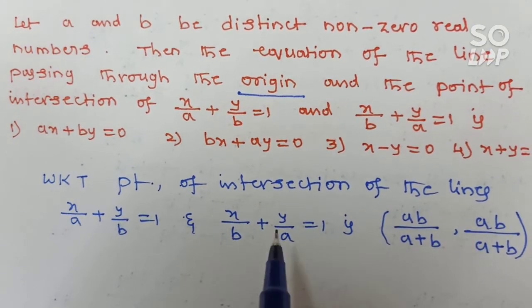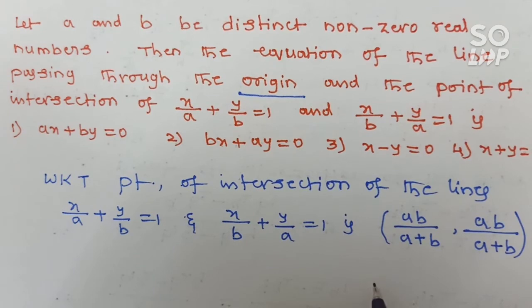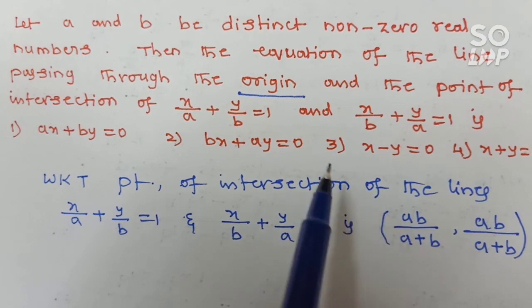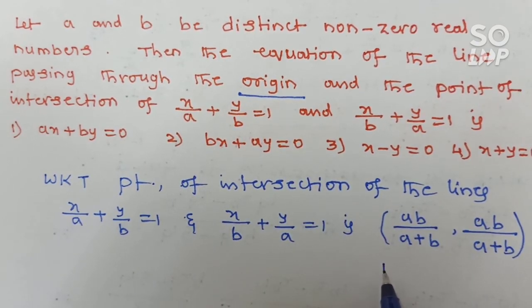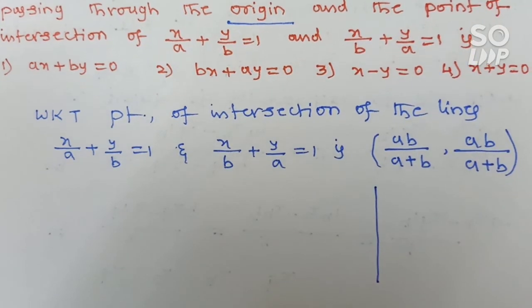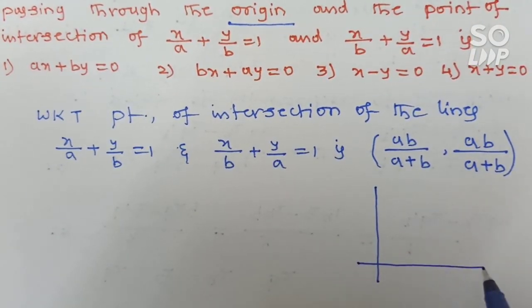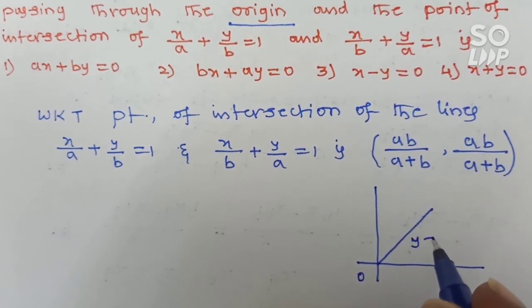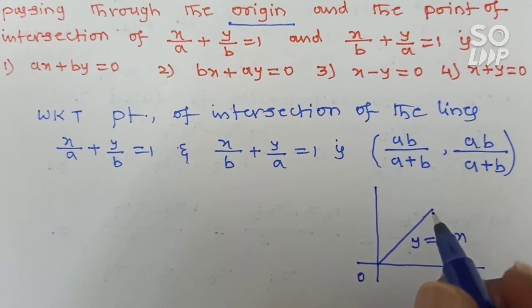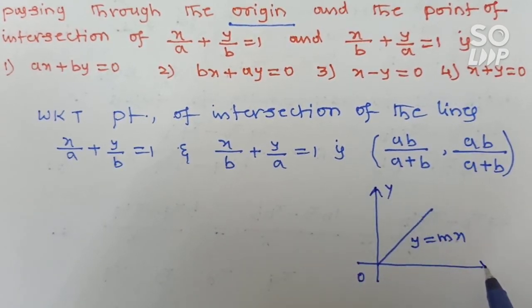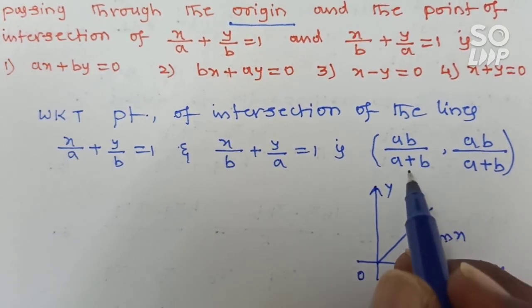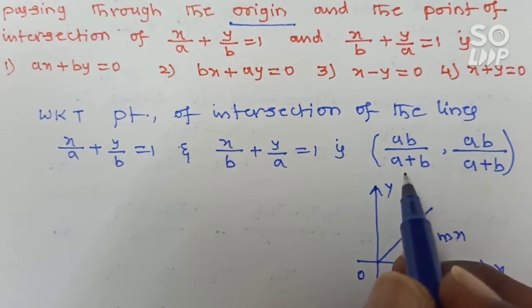Now the required thing is what? We have to find the line joining the origin and this point. We know a line passing through the origin will be in the form y is equal to mx, where m is the slope of this line. Now this point is nothing but x comma y.